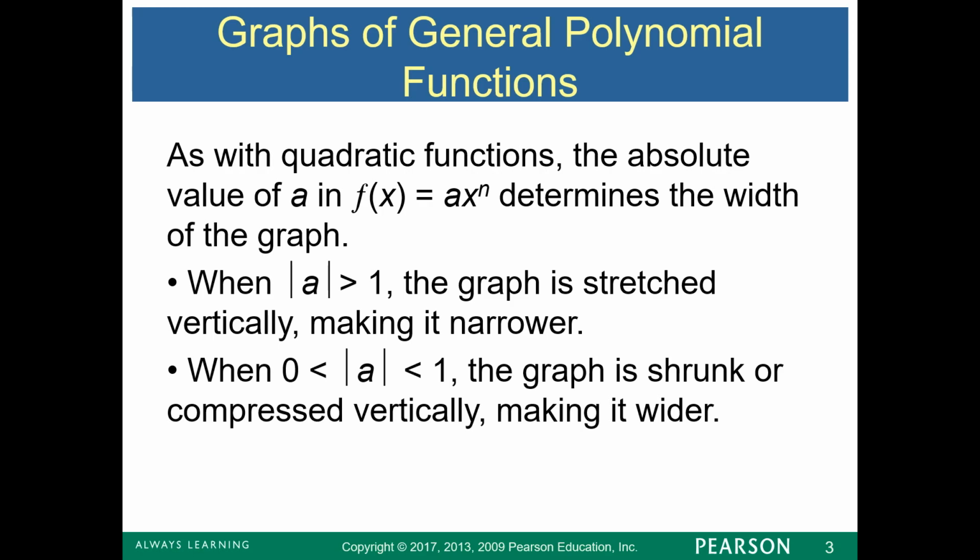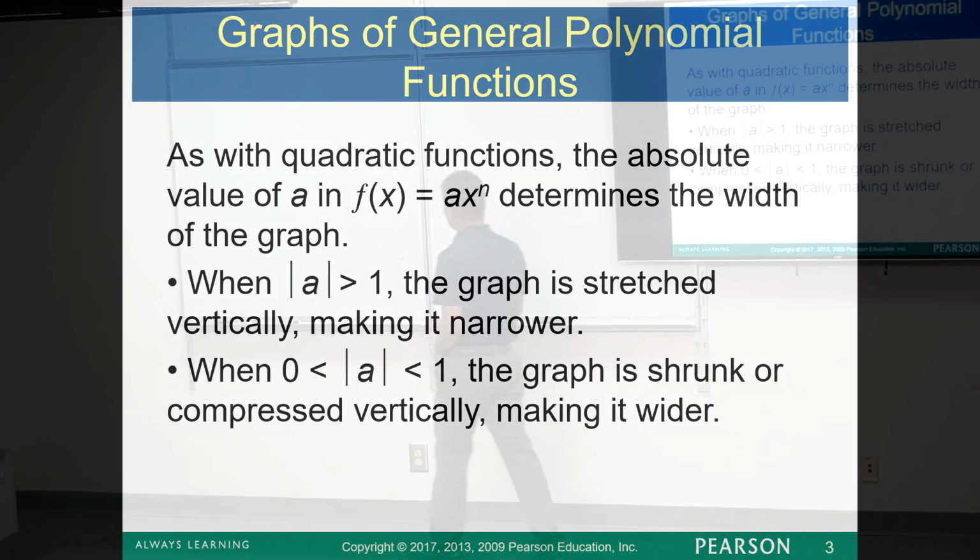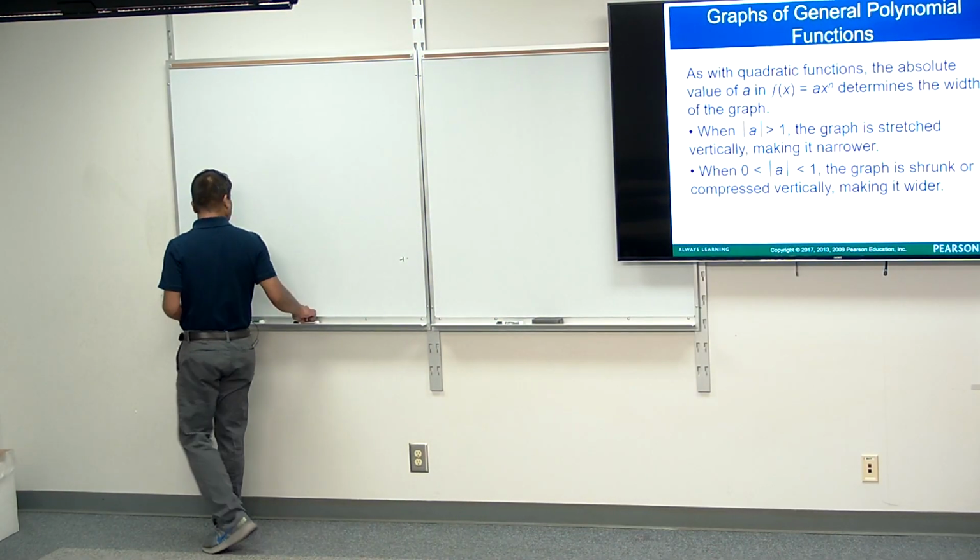If absolute value of a is greater than 1, the graph is stretched vertically, right? And the graph is narrower. And if absolute value of a is between 0 and 1, the graph is vertically shrunk or made wider.